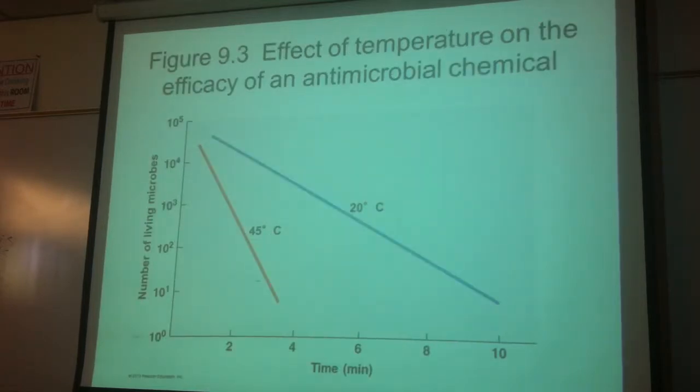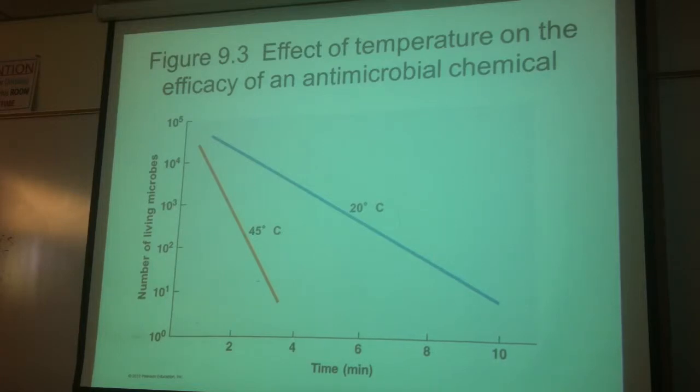The effect of temperature on the efficacy of antimicrobial control. What is efficacy? How effective it is. You can see that just changing the temperature can change the number of living microbes. This is why when we want to sterilize things, we autoclave them, because we raise the temperature up for a short period of time.